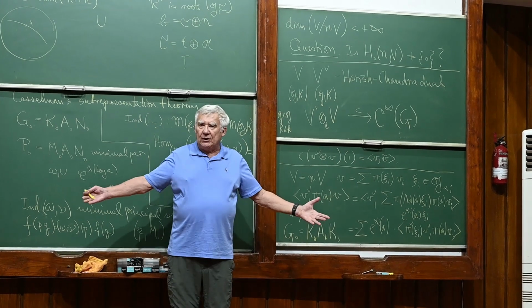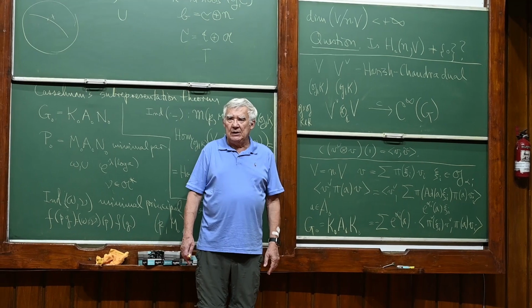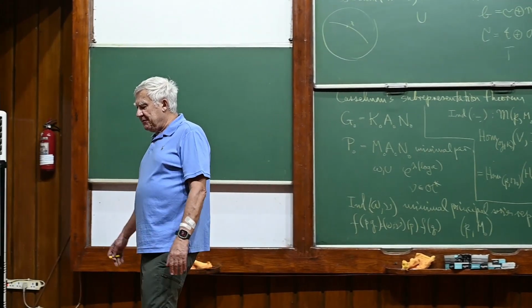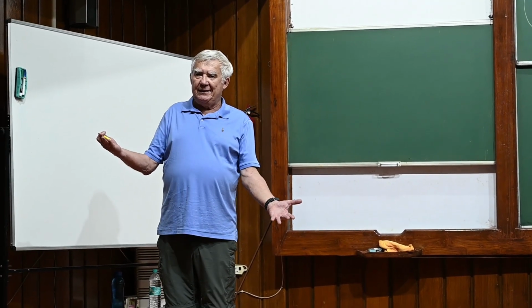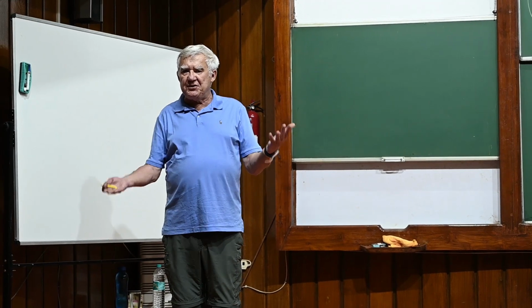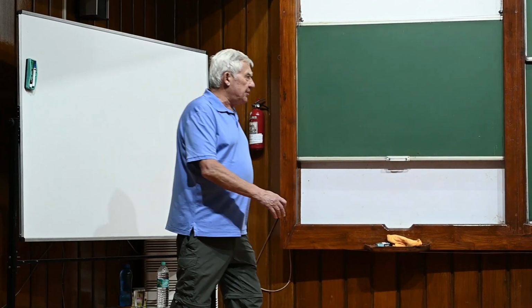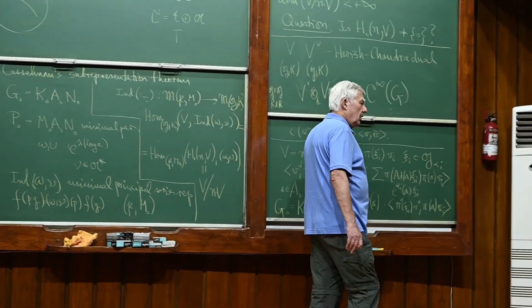So the conclusion is that this cannot be true, and H naught of N V is non-zero. So this proves that existence of matrix coefficients is essentially equivalent to the non-vanishing of zero homology.